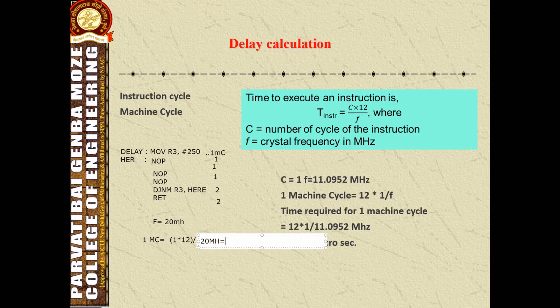Here 0.6 microsecond is taken for executing one machine cycle. Now we have to calculate how many machine cycles will be required for executing the whole subroutine. So we consider it one by one first.